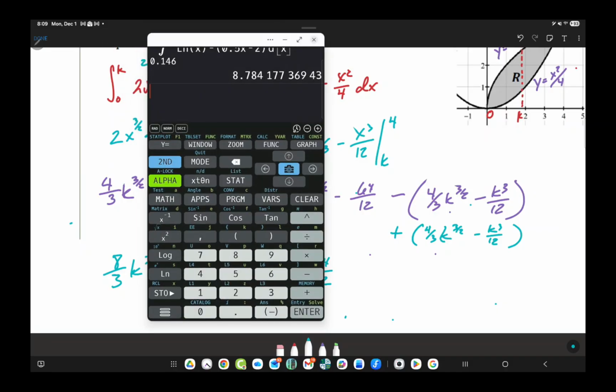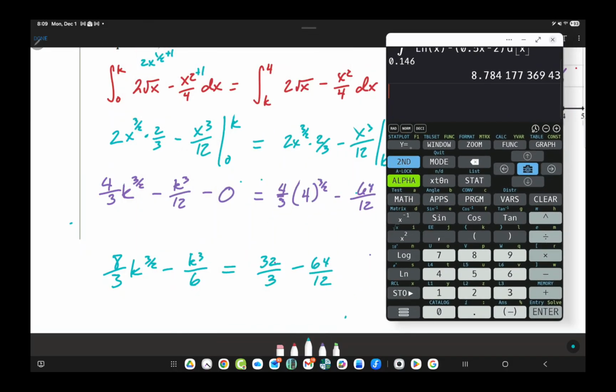So we're going to plug these in our graph and see where they intersect. So 8/3 x, just as a fraction, 8/3 x to the 1.5 minus x cubed over 6.